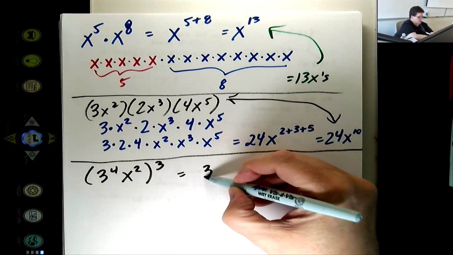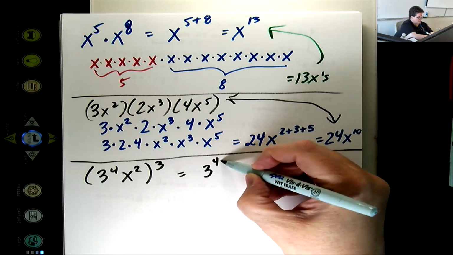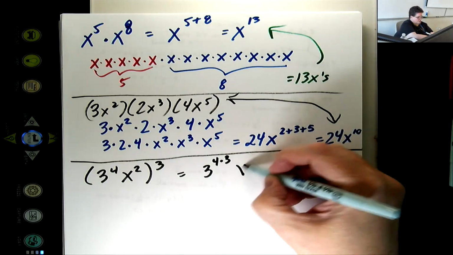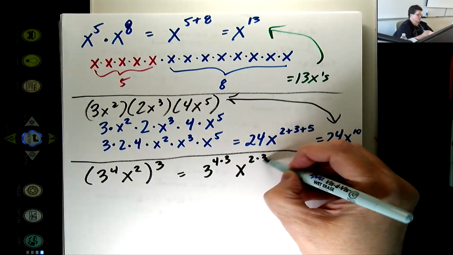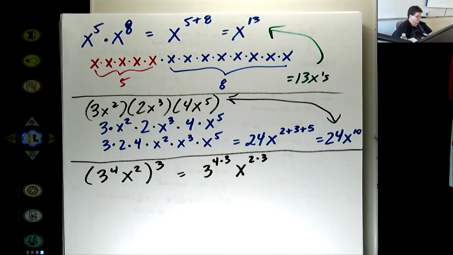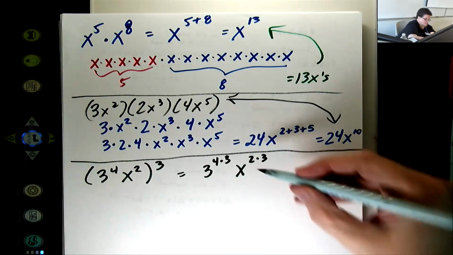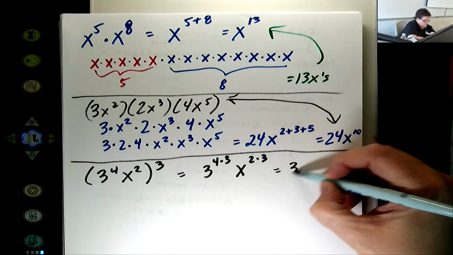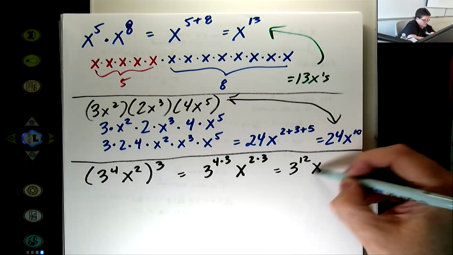This becomes 3 to the 4th power times the 3, and x to the 2nd power times the 3 is also. It becomes 3 to the 12th power, x to the 6th power.